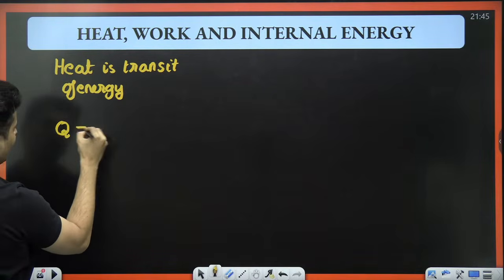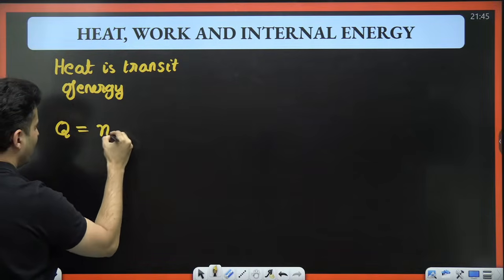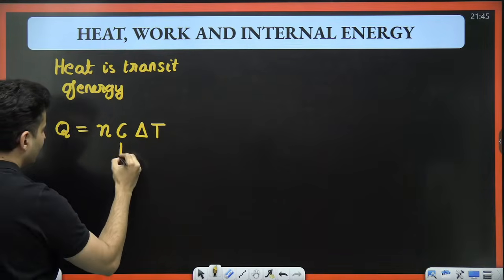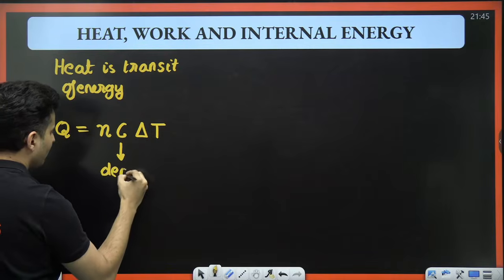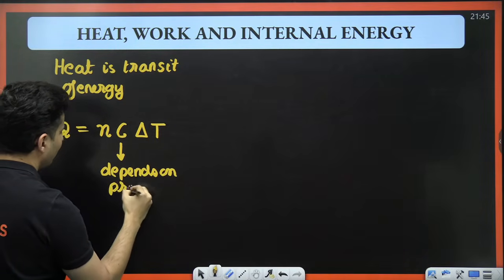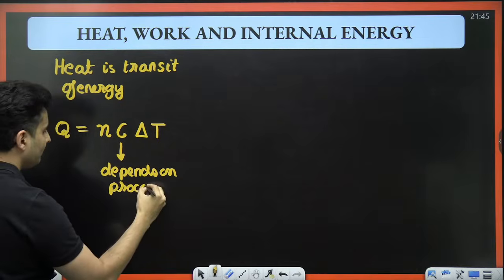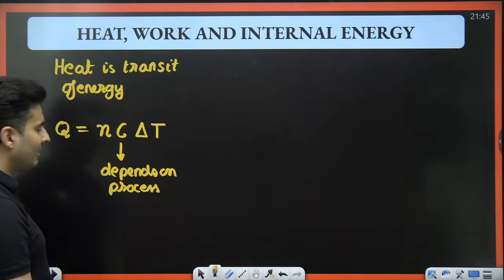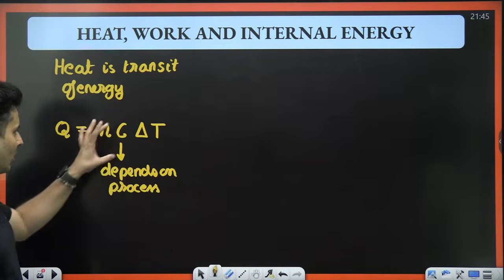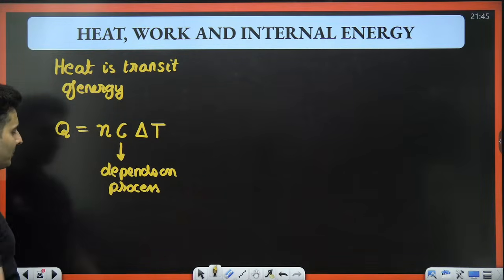Symbol is Q, and usually for gas we use nCΔT. This C depends on the process, whether it is isochoric or isobaric, constant volume or constant pressure. n is the number of moles.